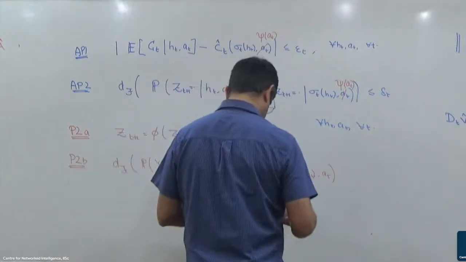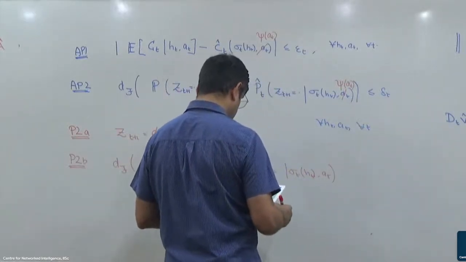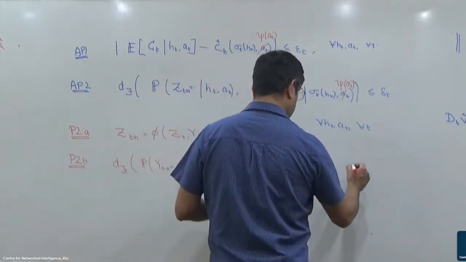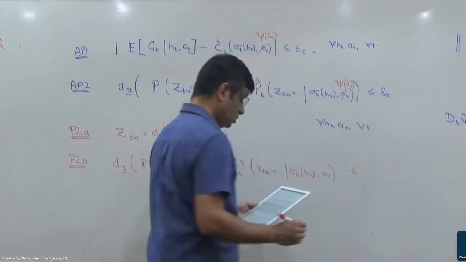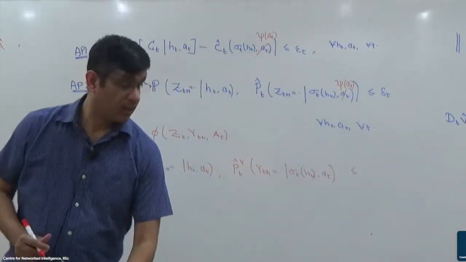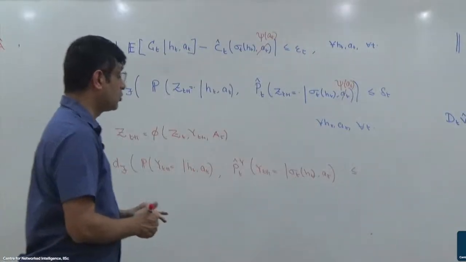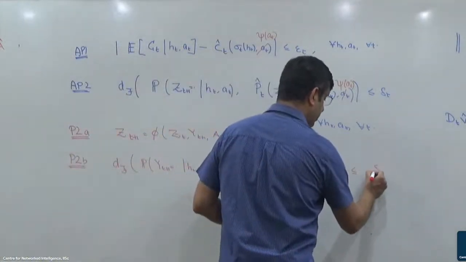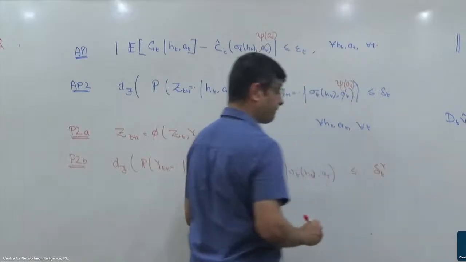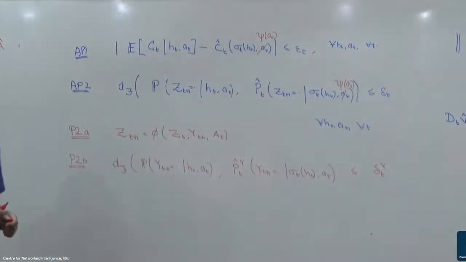Suppose this guy is less than or equal to some quantity, let me call it delta T y. Okay. Does that imply that P2 will hold?